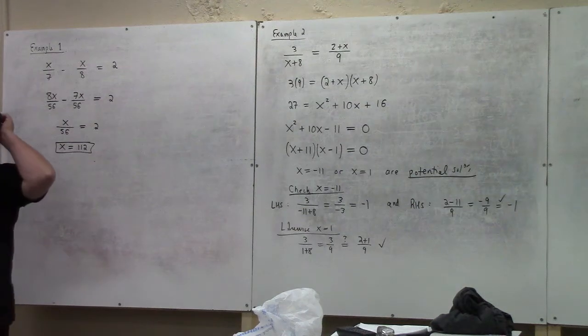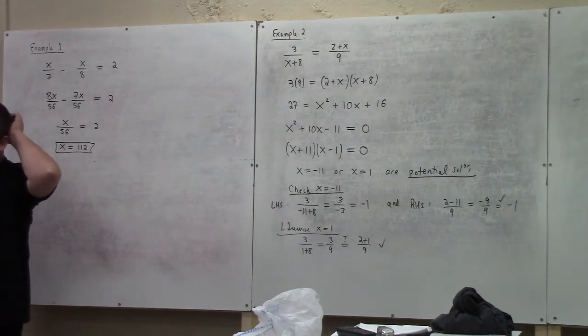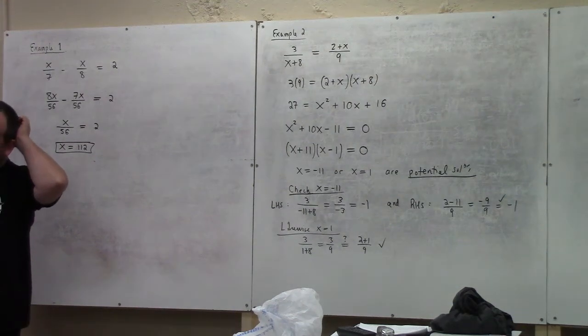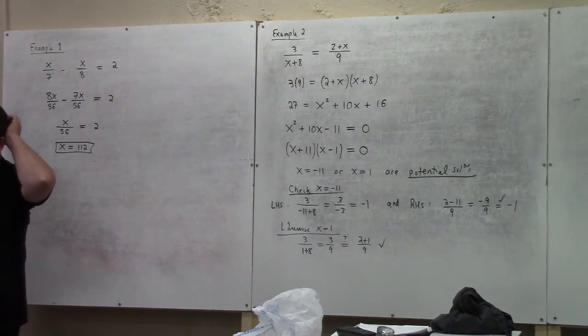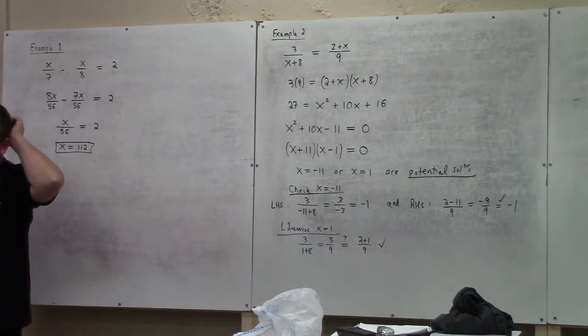When I'm checking the solution, sometimes I use different notation. Sometimes I will separately evaluate the left-hand side and the right-hand side and then see that they match. Other times I'll just write one equation which shows that they match. There are different ways to denote the checking.